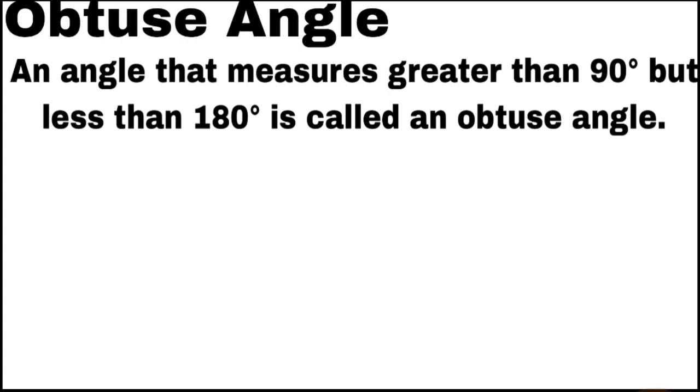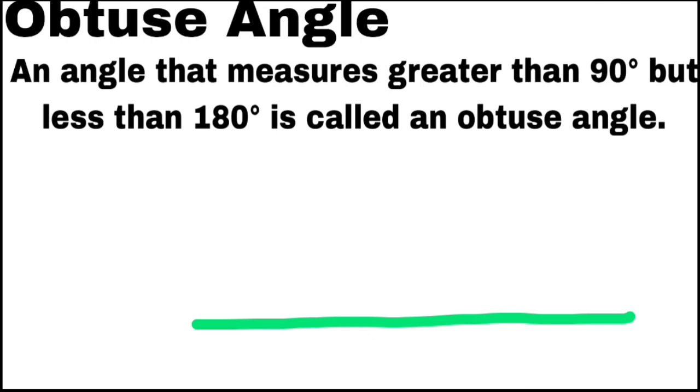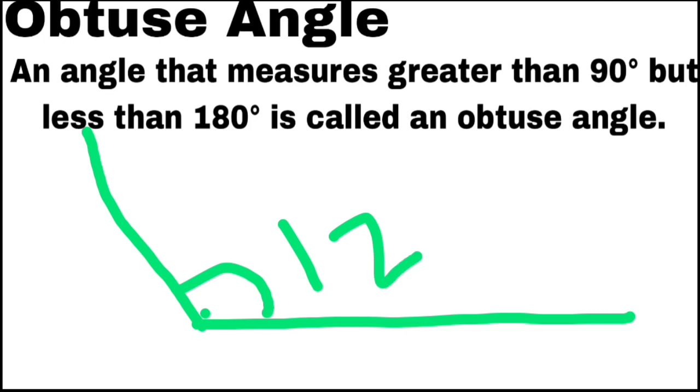For example, here is a line and another line going out, and this angle is 120 degrees. It is more than 90 degrees but less than 180 degrees, and that angle is called the obtuse angle.